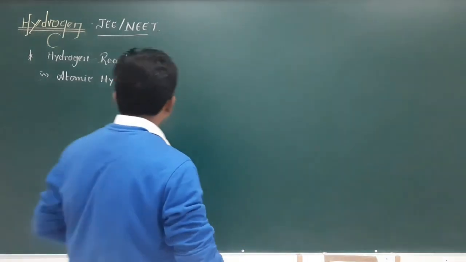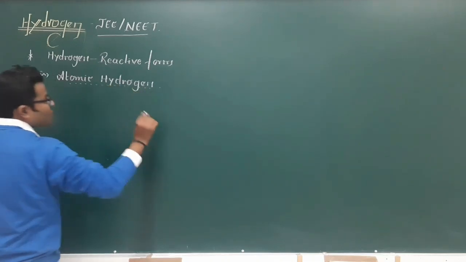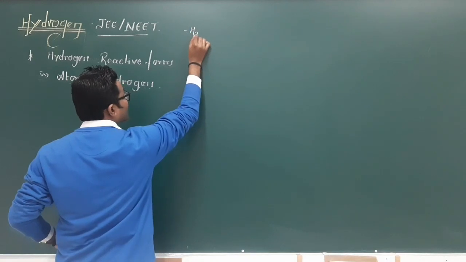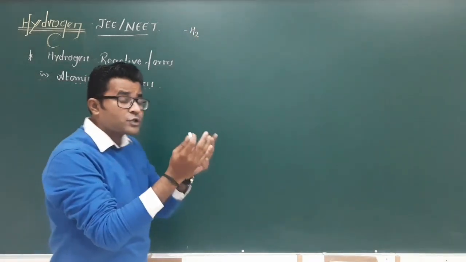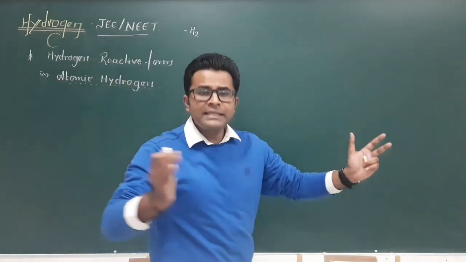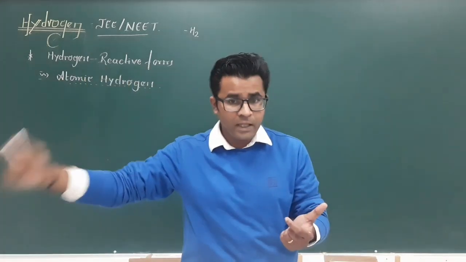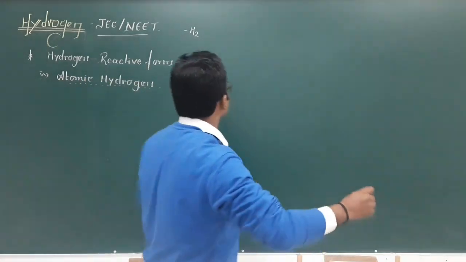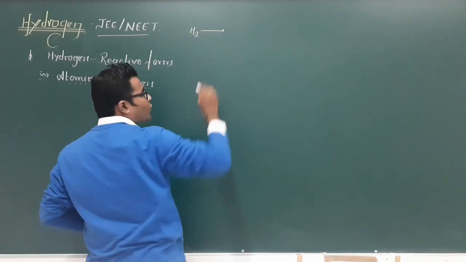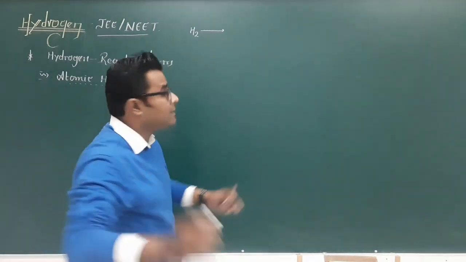Now atomic hydrogen. When we are speaking about this, we usually write hydrogen in its molecular form as H2, right? Now, when we have that hydrogen molecule, we supply energy to it, in the form of electricity or heat. When you supply heat to this hydrogen molecule, it breaks down into its constituent atomic particles.